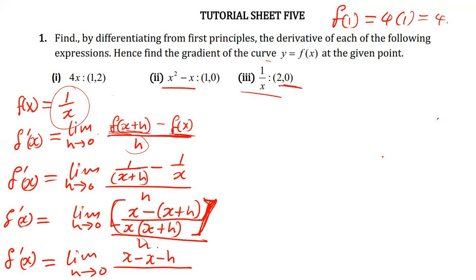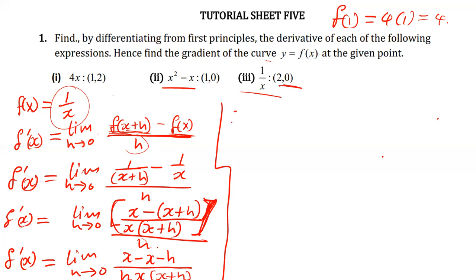If you divide this h into everything on top there, you're going to have h, x, and then in brackets you have x plus h. This is what you're going to have. Then this x minus x, we can see that they can subtract, and we're going to have a 0 there and remain with negative h as a numerator.